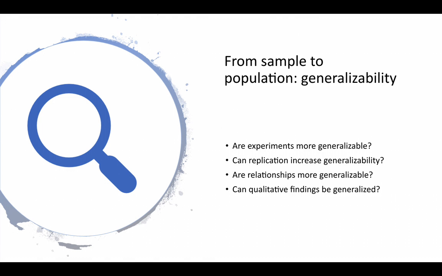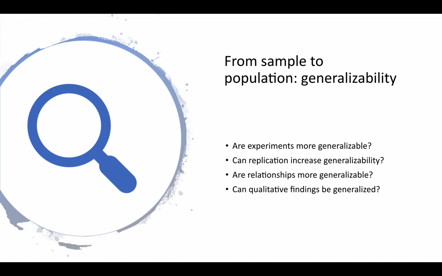Most social studies conducted in a lab use student participants. While student participants can guarantee internal validity, they do not guarantee external validity, because students are so different from the whole population. So you need to be cautious.